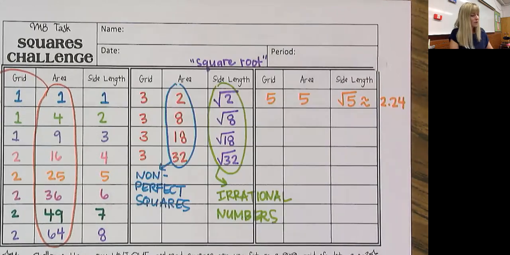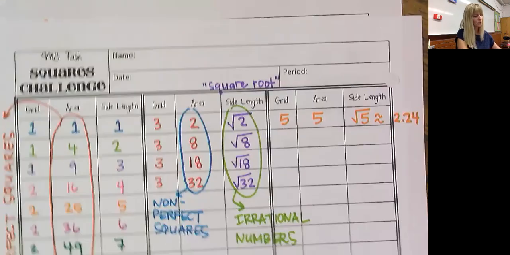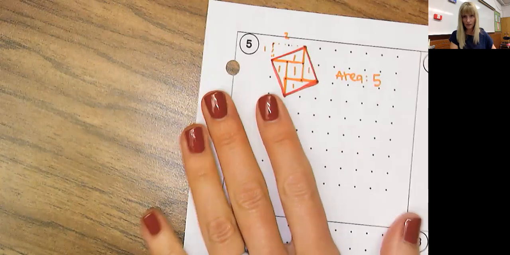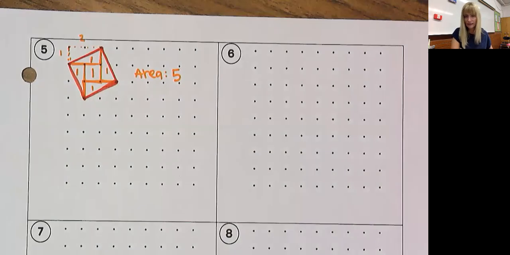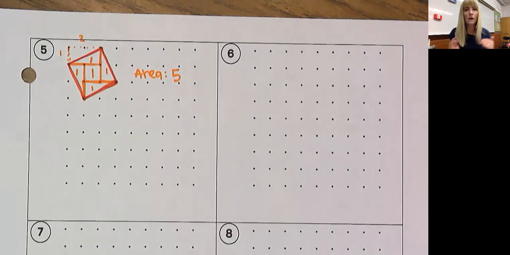Now, I'm going to let you guys try and find a few more, but first I'm going to show you one more example because finding this area, sometimes we get a little thrown off by that. I'm going to go over to grid 6, and what this means is if I can go up 1 over 2, I can also go up 1 over 3, up 1 over 4, up 1 over 5, and then I'm going to get unique squares every time I do that, okay? I'm going to show you one more.